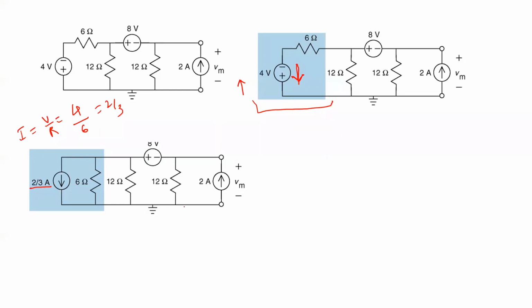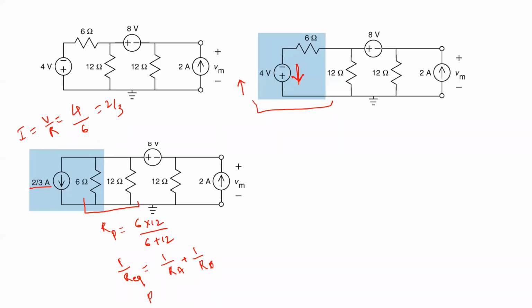Next conversion. Can you say that these two resistors are in parallel? So what is the equivalent resistance? 6 into 12 divided by 6 plus 12. When any two resistors are in parallel, 1 by equivalent resistance equals 1 by RA plus 1 by RB.